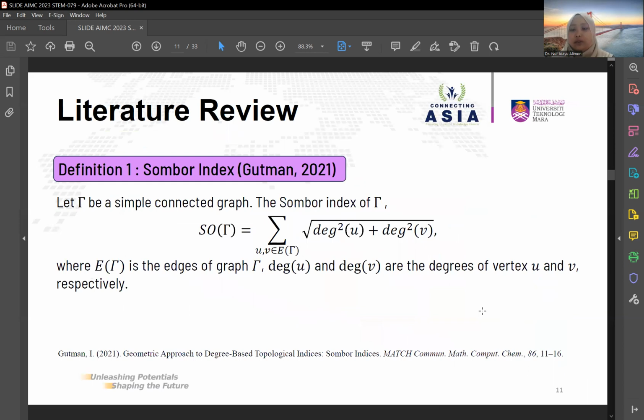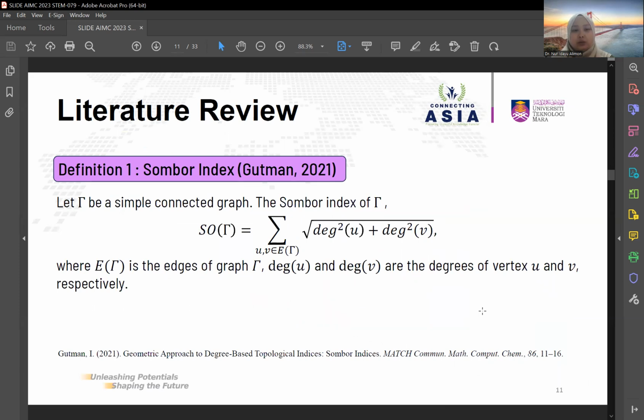I also include the important definitions that we need to know before we go to the main results. First, we need to know what is the Sombor index, what are the Sombor polynomials, what is a graph, what is the definition of a power graph, and some propositions that have been found from previous studies.